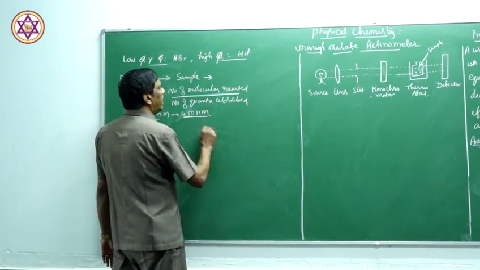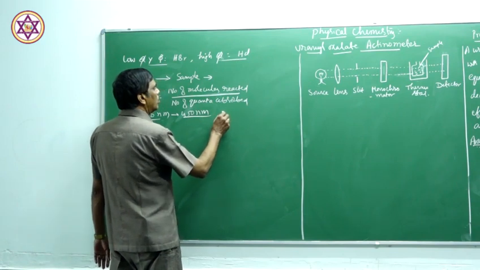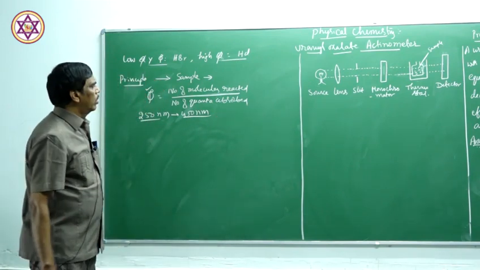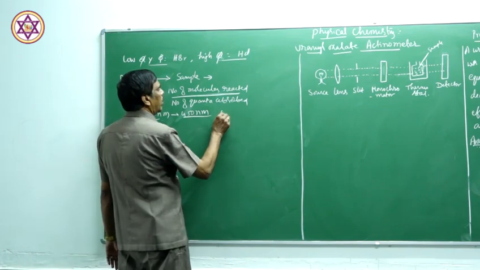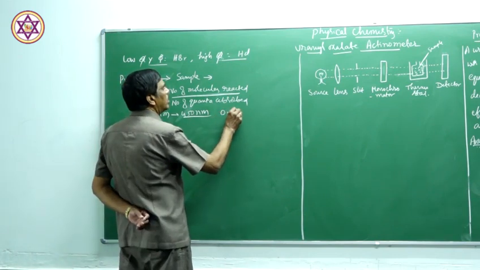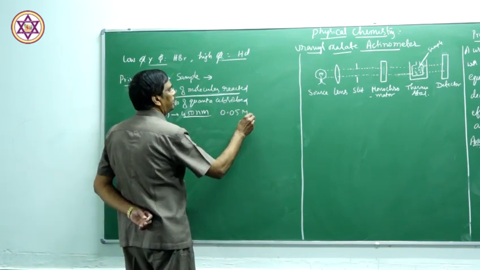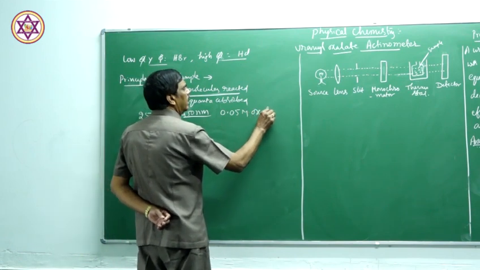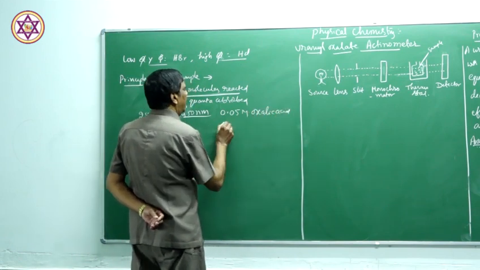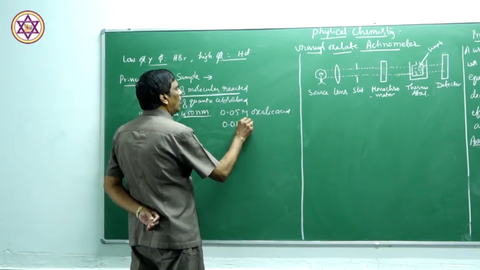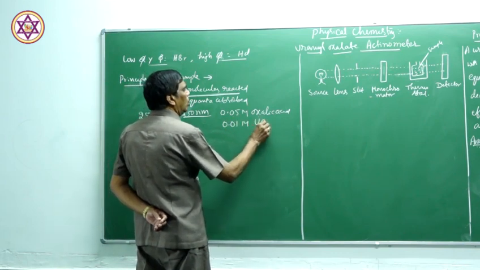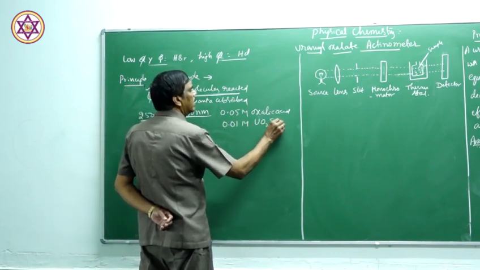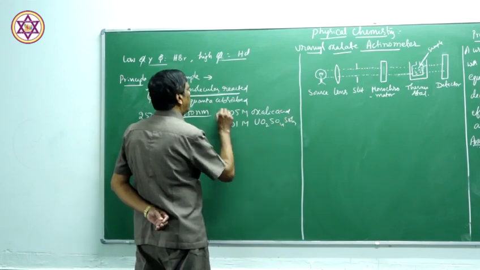Usually, if you use 400 nanometers, the known solution used in this uranyl oxalate actinometer is 0.05 molar oxalic acid and 0.01 molar uranyl sulfate solution. So this mixture we use.